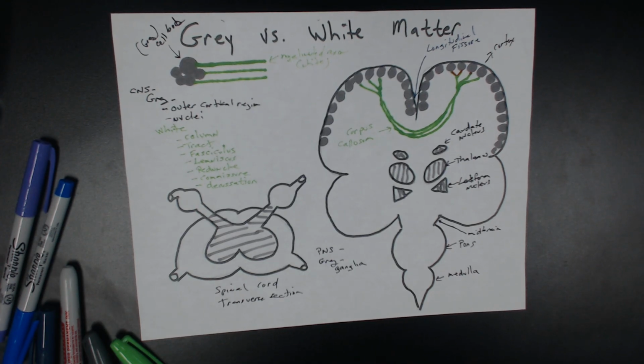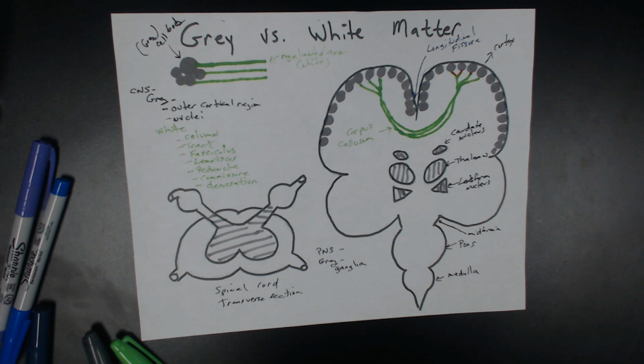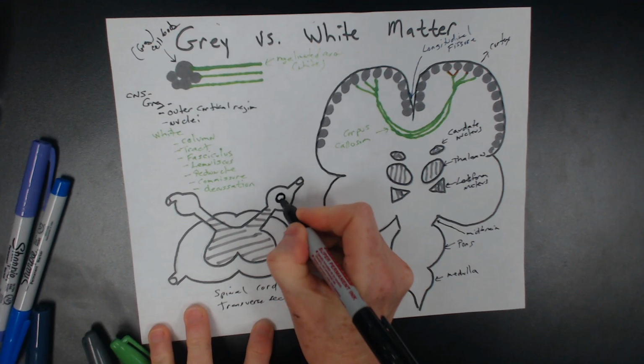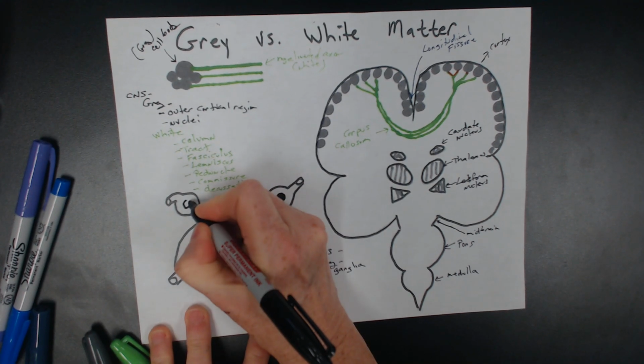Okay, one famous or common ganglia we're going to talk about all semester, resides here next to the spinal cord.